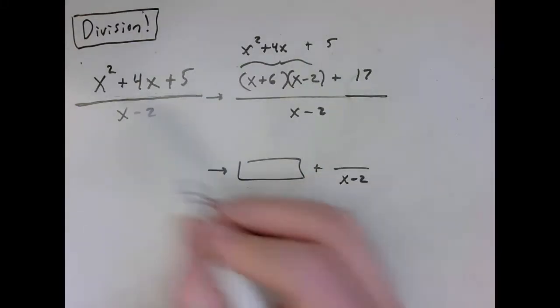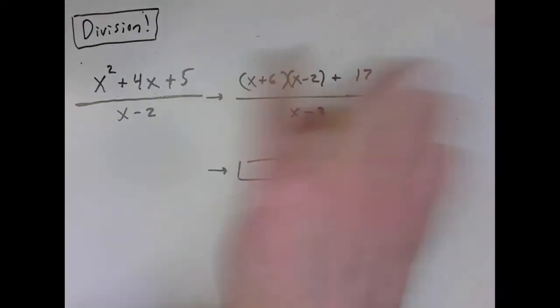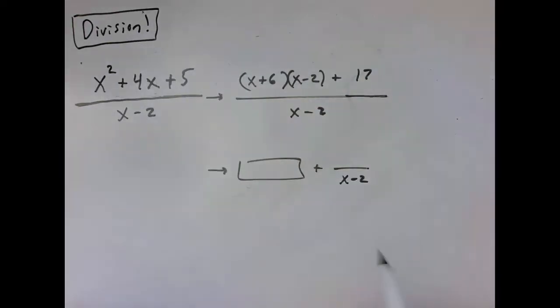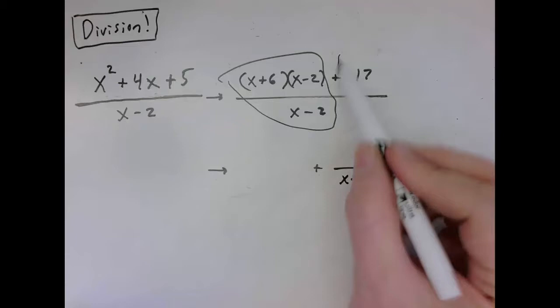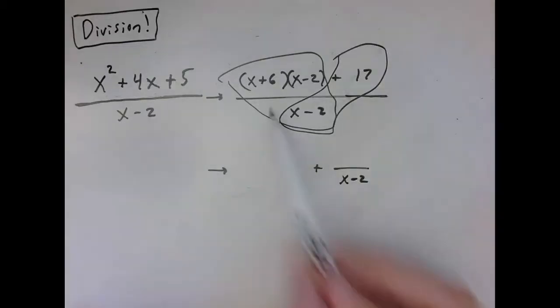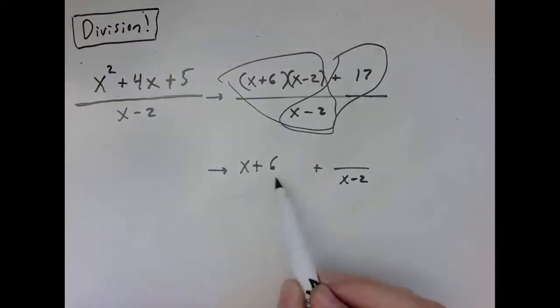So I've really taken this polynomial and split it up into two parts, one that's factorable and a remainder. So now I can split this term and this term. Here, the x minus 2's divide each other to be 1. So I've got x plus 6 with a remainder of 17 divided by x minus 2.